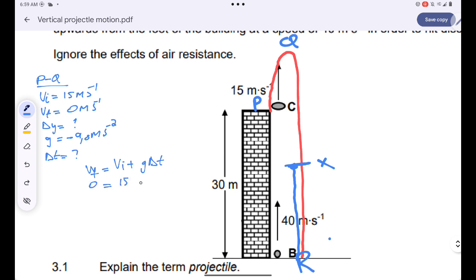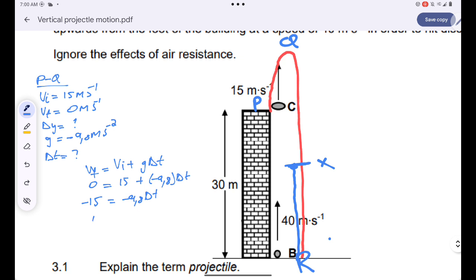Initial velocity will be 15 plus negative 9.8 delta t. If you take the 15 to the other side, it will be negative 15 equals negative 9.8 delta t. Divide both sides by negative 9.8.